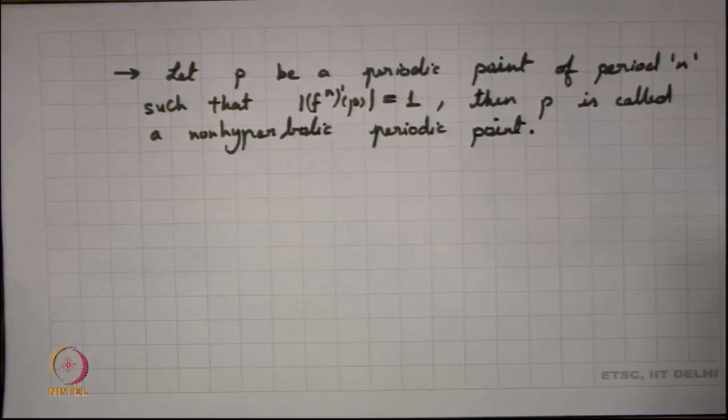So, basically what we find here is that the derivative, or basically the tangent of F^n at P, exactly happens to be parallel. So, this is 1 and hence we say that P is a non-hyperbolic periodic point.